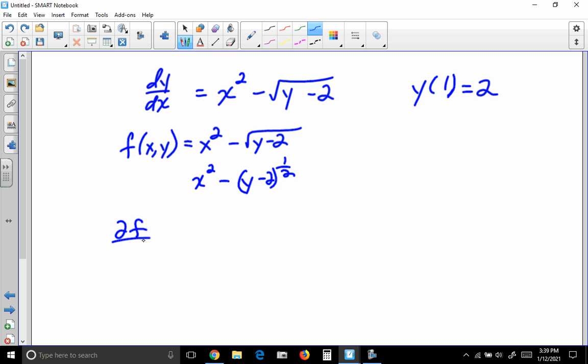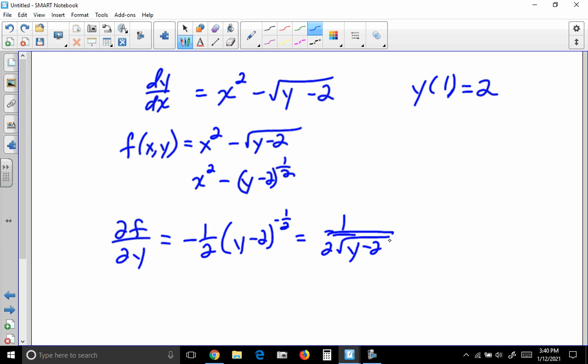So the partial of f with respect to y: the derivative of the first term with respect to y is 0. For the next term, bring the 1/2 down, y minus 2 to the 1 less power, times the derivative of the inside. So we get negative 1 over 2 square roots of y minus 2. So that's our partial with respect to y.